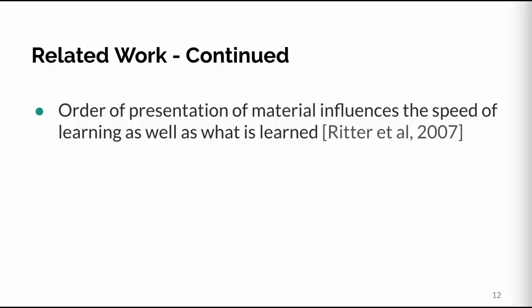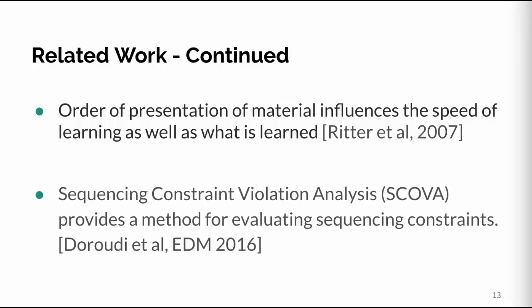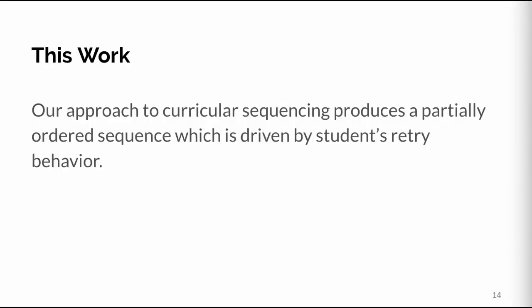Different orders of presenting materials can lead to different learning outcomes. These differences occur in both natural and artificial learning systems. Doherty et al. in 2016 introduced SCOVA, which is sequencing constraint violation analysis, which provides a method for evaluating sequencing constraints and how they impact post-test performance.